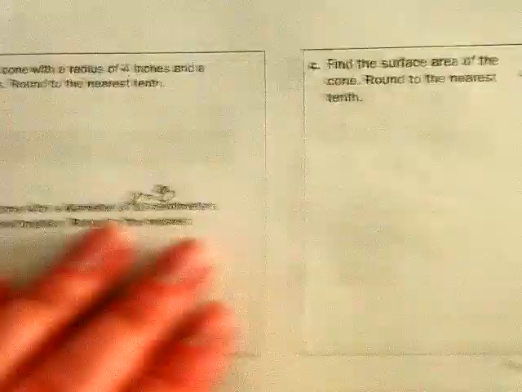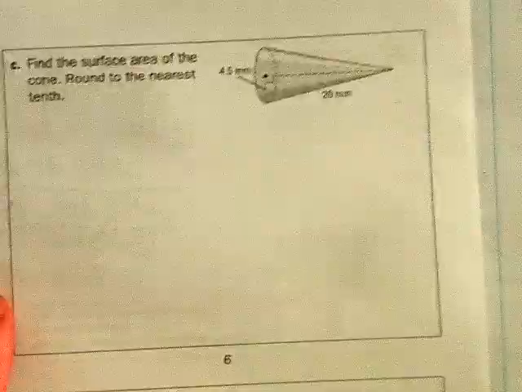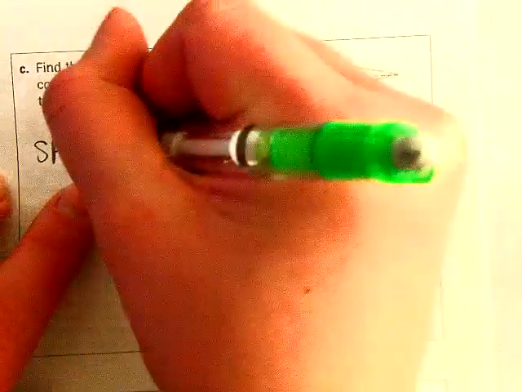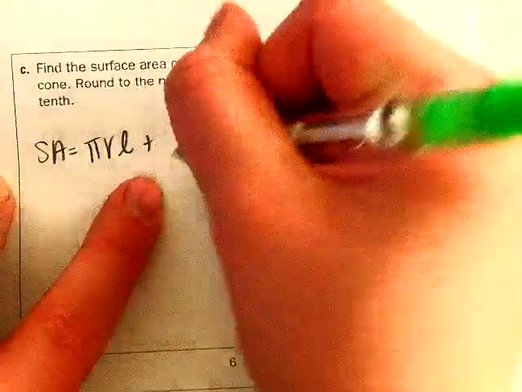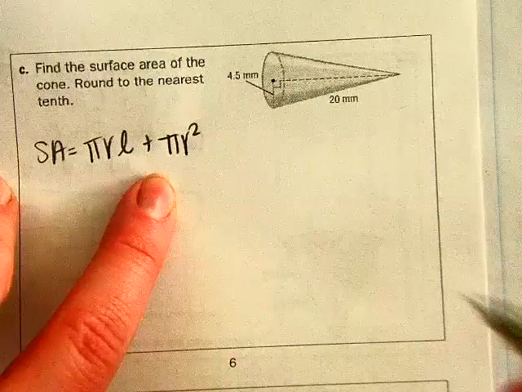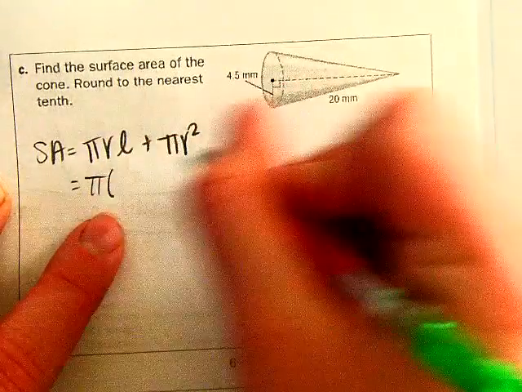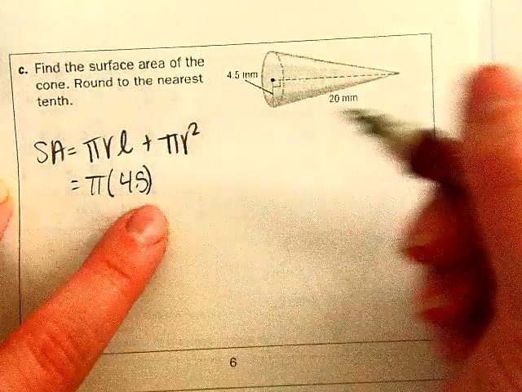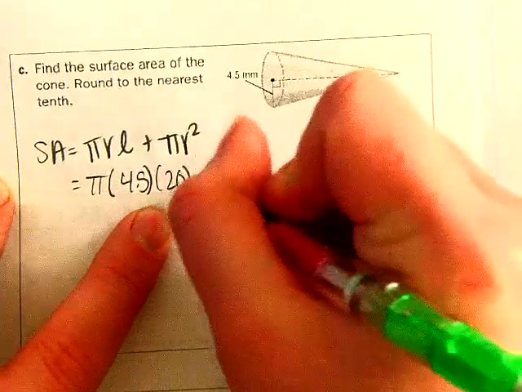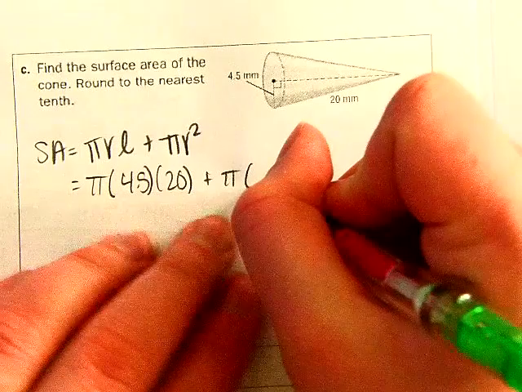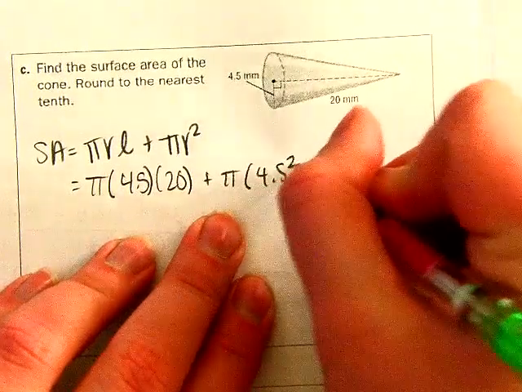Okay. This one says find the surface area of the cone. Round to the nearest tenth. Surface area is equal to that outside curved portion, pi r l, plus one base, pi r squared. Pi times the radius they gave us, 4.5. L, slant height, is 20. They gave it to us. Pi, radius again, 4.5 squared.